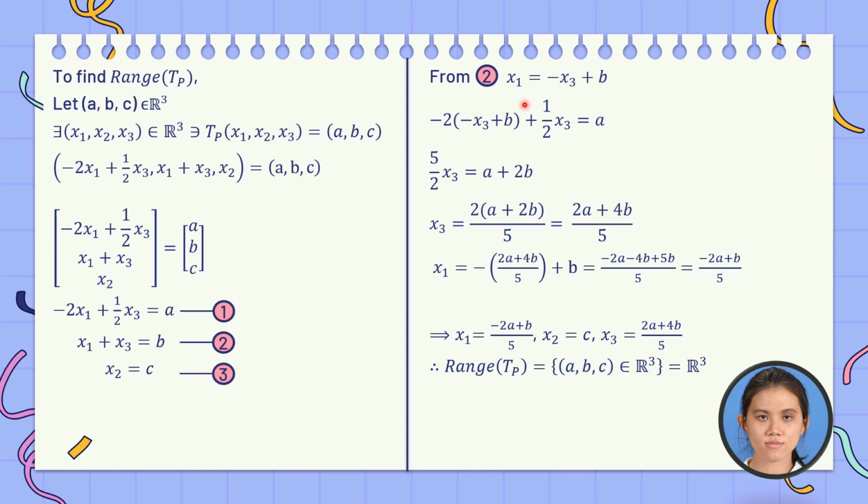By using equation 2, we get x1 equals negative x3 plus b, and we substitute it into the first equation, and we get x1 equals negative 2a plus b over 5, x2 equals c, and x3 equals 2a plus 4b over 5. In conclusion, the range of TP is a, b, c, an element of R cubed. We also can say that the range of TP is equal to R cubed.